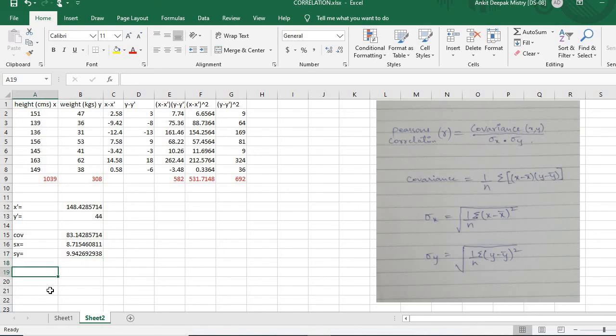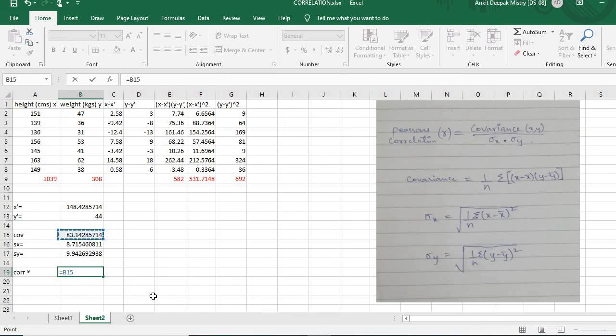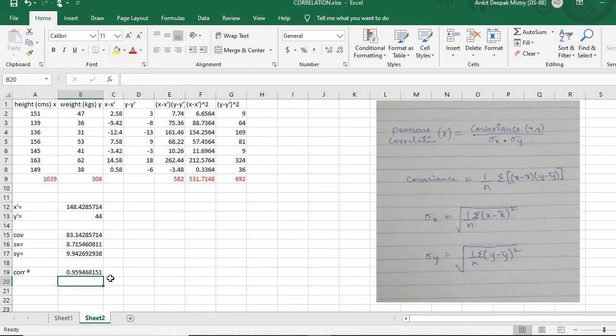Next thing would be to calculate the correlation, that is our R, which is equal to covariance divided by the product of sigma x and sigma y. So we see that our correlation coefficient is equal to 0.95, which is pretty close to 1.